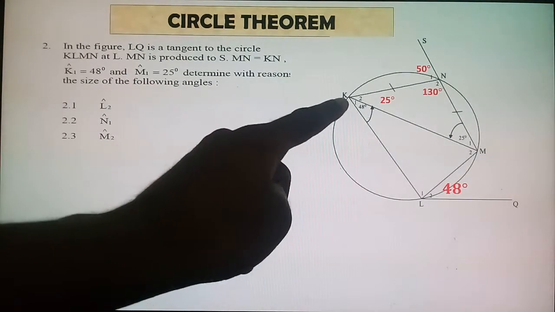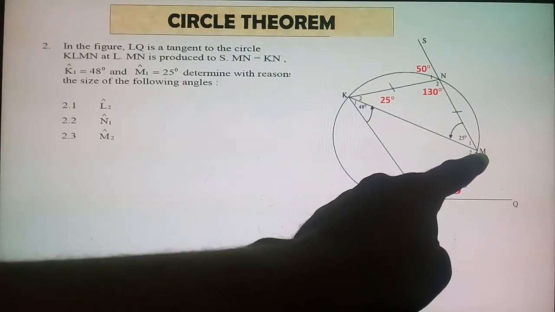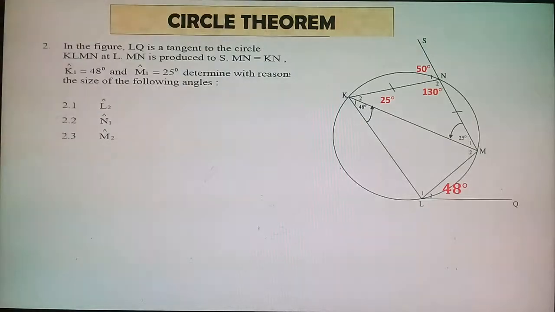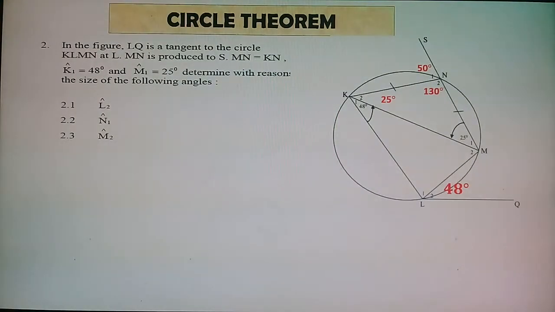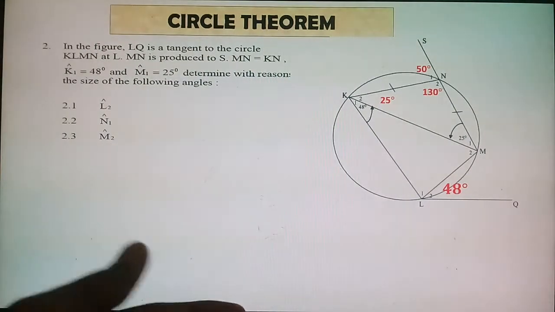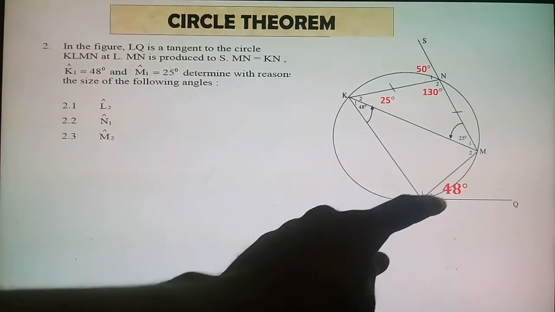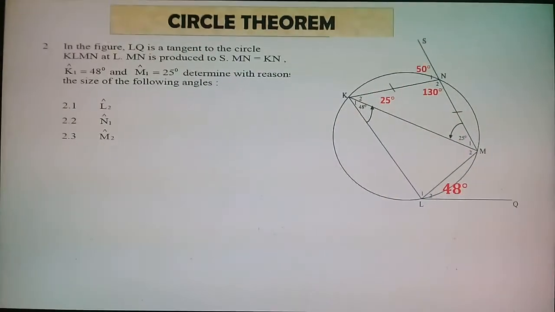Can you see now I have K, L, M, N? It is a cyclic quadrilateral. How do you know? What do you know about cyclic quadrilaterals? I have cyclic quadrilateral KLMN.